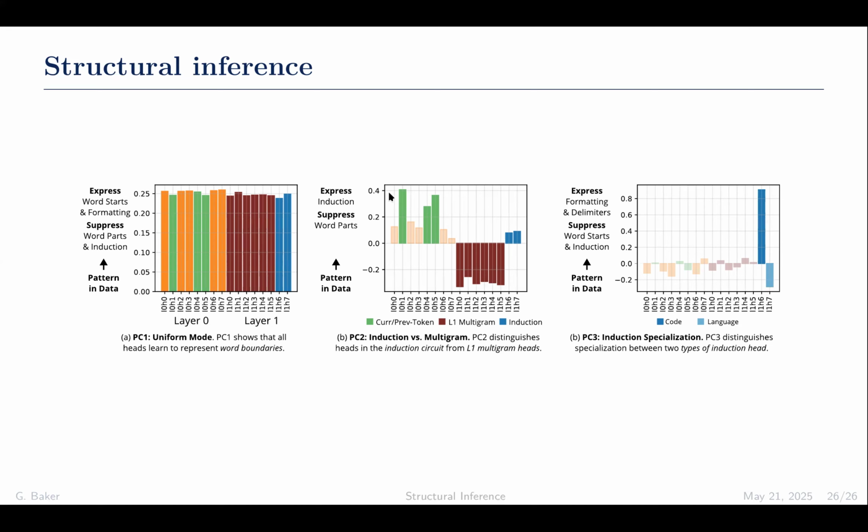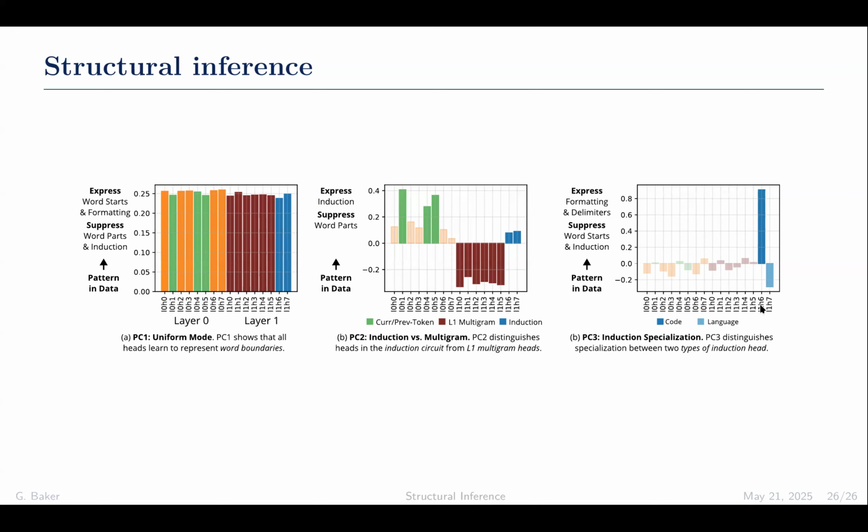And furthermore, previously it was found that layer 1 head 6 and layer 1 head 7 were both induction heads, but a little bit different. It was found that layer 1 head 6 was much more specialized into code data, while layer 1 head 7 was much more specialized into language data.